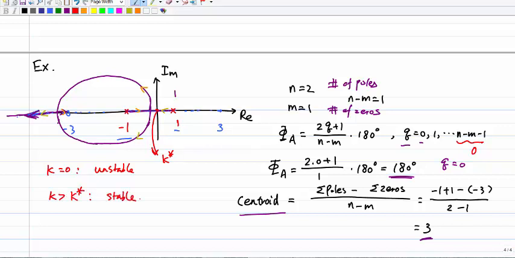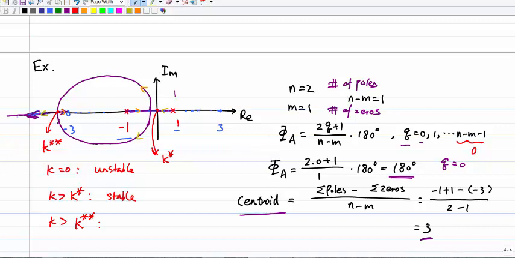As a matter of fact, you can also say as K moves even larger, for example, let it keep on moving, it starts to move even further left, right? Even further left here and here. Once K is large, say this is a critical point, this is also another K star. So when K is greater than some value of K star, you can see you have 2 negative poles.